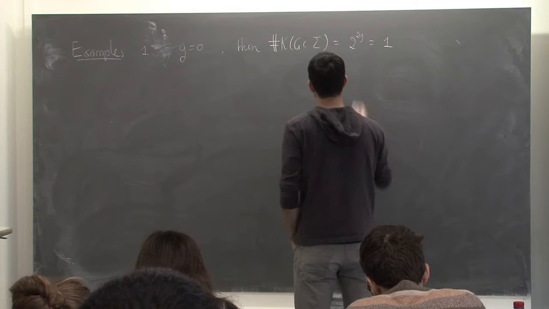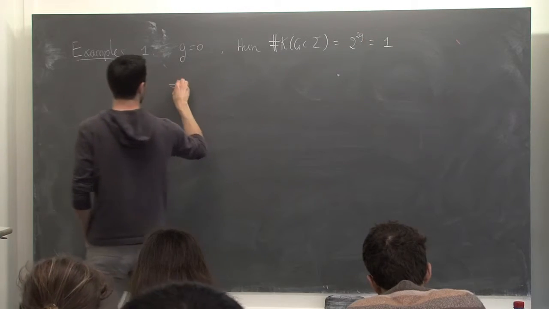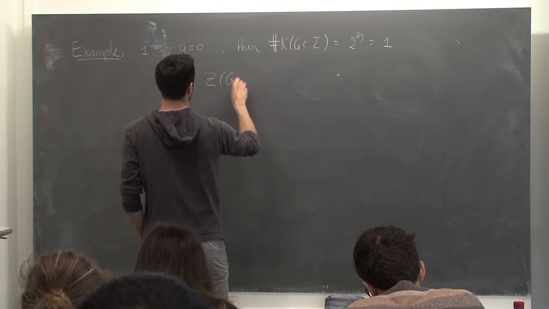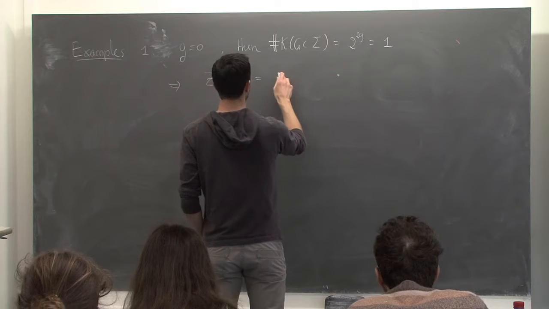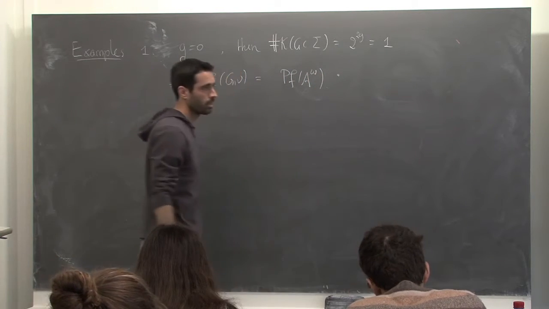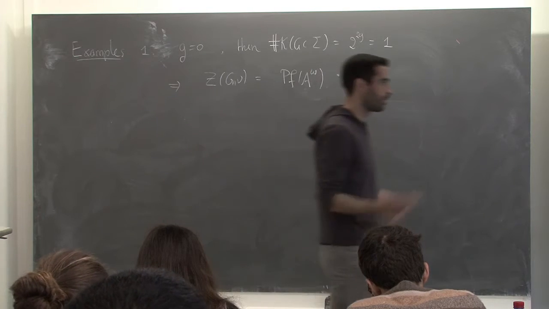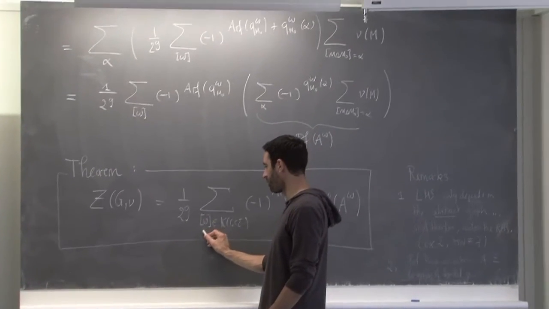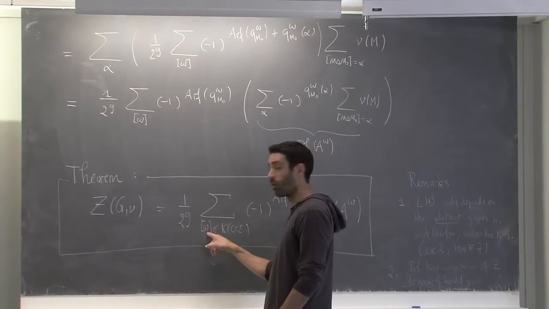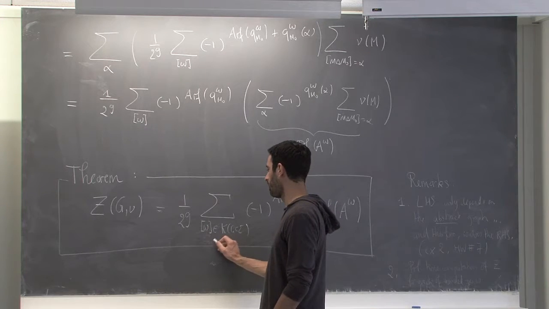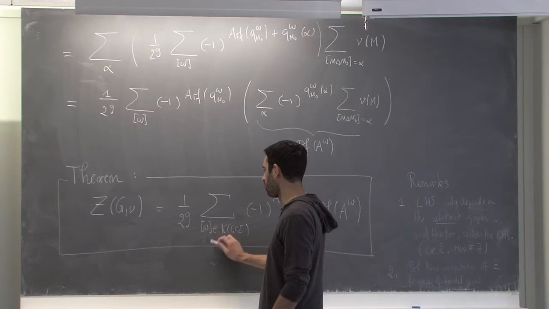And so you're summing over a single Castellan orientation, and this is equal to the Pfaffian of this. And here, remember, I cheated a teeny bit. You have to take your representative so that the sign here is equal to 1.